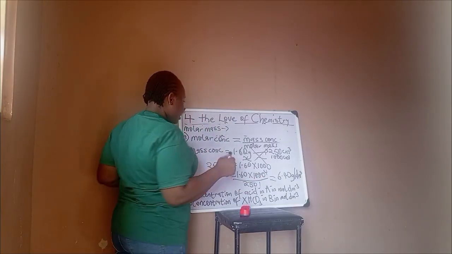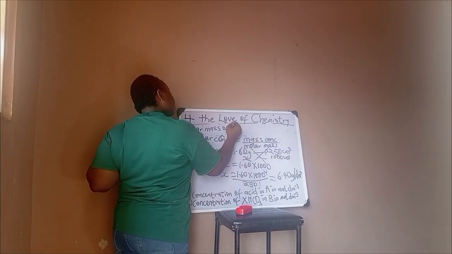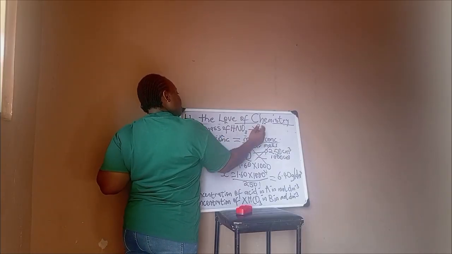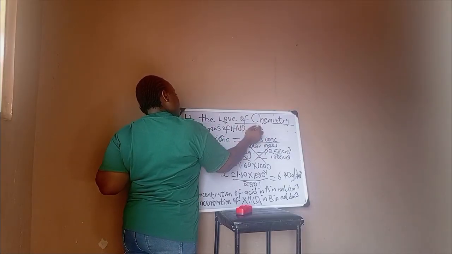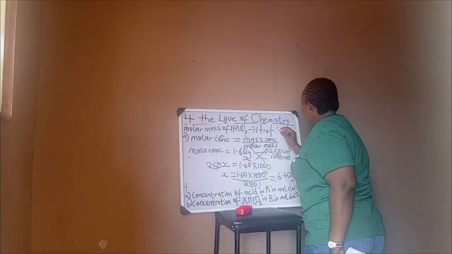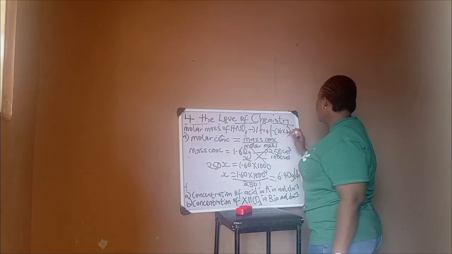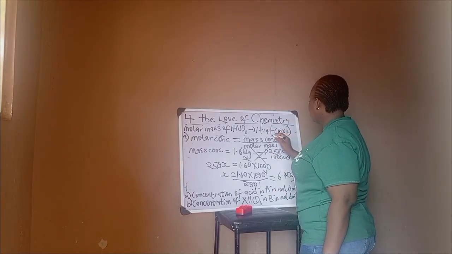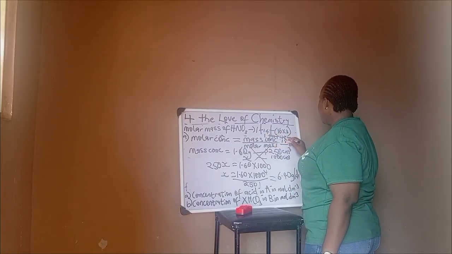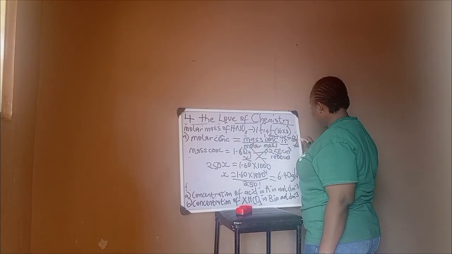So the molar mass of trioxonitrate(V) acid: what is the mass of hydrogen? 1, plus mass of nitrogen 14, plus mass of oxygen 16, but there are 3 atoms of oxygen, so 16 times 3, which gives 48. Adding 48 plus 14 plus 1, that's 63 gram per mole.